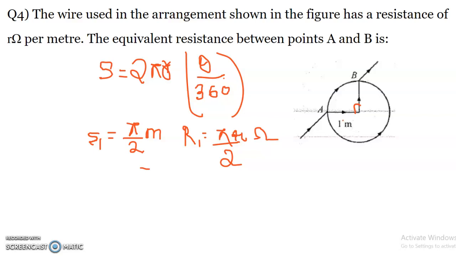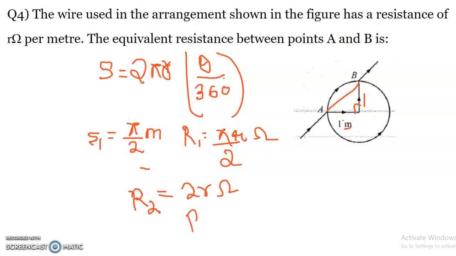Now here it is 1 meter as well as 1 meter here. 1 meter is the length of the radii. So now let us write for the wires. We'll write them as R2. Now simply adding this 1 meter and 1 meter here, we'll get 2 meter. So the resistance for the wire will be 2R ohm, alright, 2R ohm.